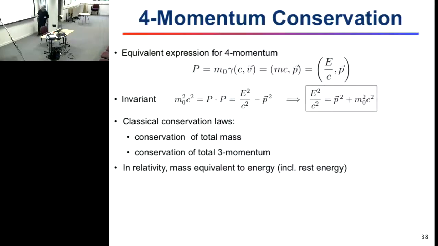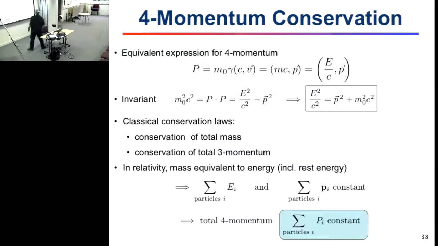Okay, and we tend to use momentum, the full momentum, a lot. And we know that if we have things colliding, and we look at what happens before and after, we know that we have conservation of energy and conservation of momentum. But in special relativity, you end up with conservation of the full momentum.